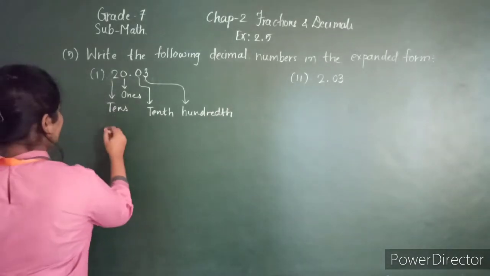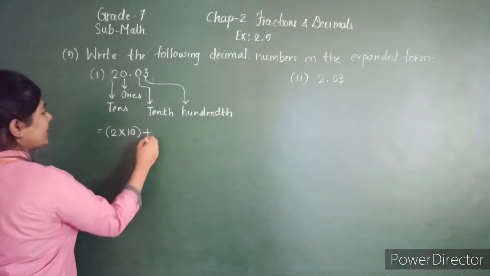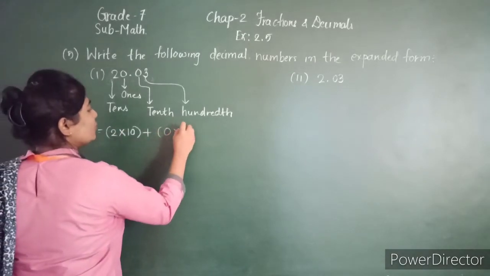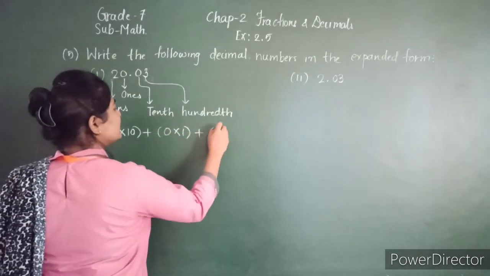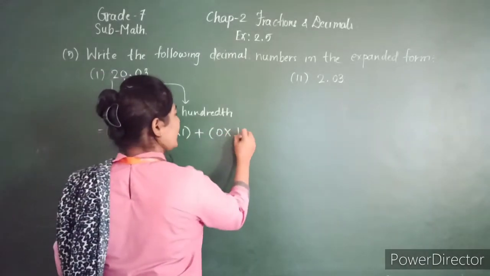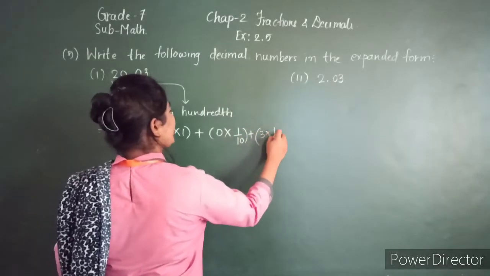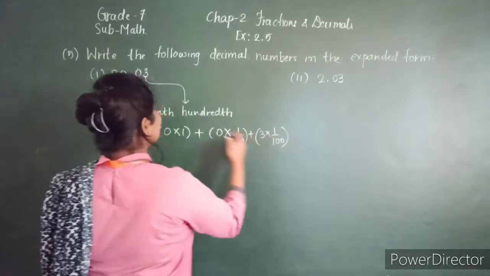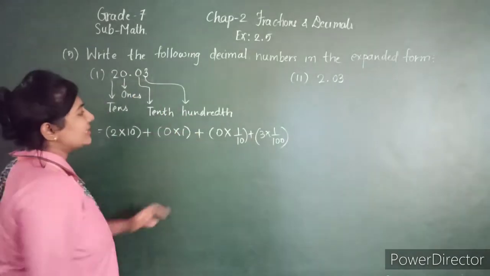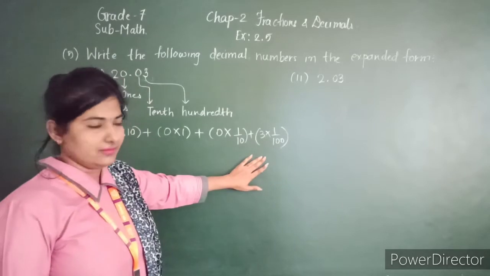So here we have to write 2 into 10 plus 0 into 1 plus 0 into 1 upon 10, because this is the 10th place, plus 3 into 1 upon 100, because this place is considered as the 100th place. We have to write 3 into 1 upon 100.